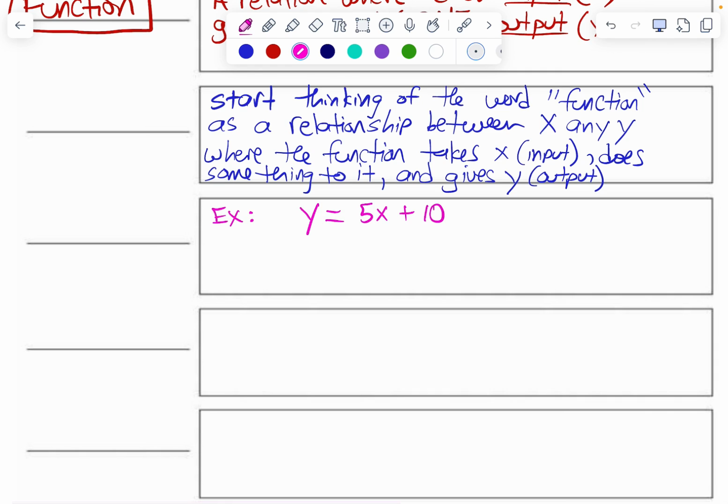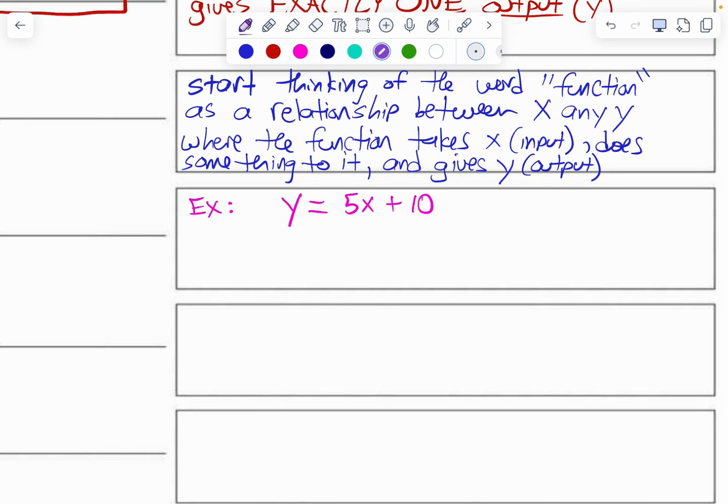Okay. Shift your thinking a little to input and output. What does this do to the input? Just describe it in casual language. So this function does what? I'm going to tell you that x is 2.